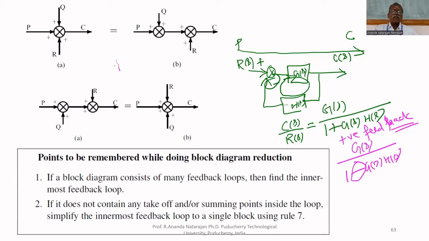Now, these are additional rules. Suppose I have a summing block like this. How many signals are summed together? Q of S, E of S, R of S. All three signals are summed up. How can you add all three signals together? Suppose I give you 3 numbers, how will you add? First you add the first 2 numbers, and with that result you add the third number.